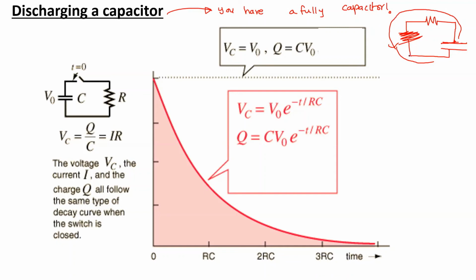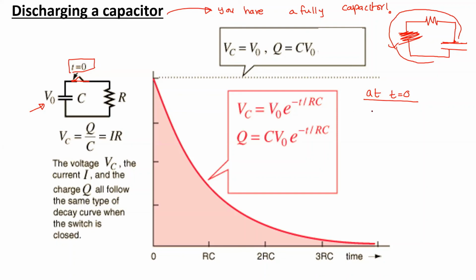At t equals 0, it is fully charged, right? At the moment you remove it from the battery, you have a completely charged capacitor, and we just completed the circuit. Your capacitor is still fully charged.